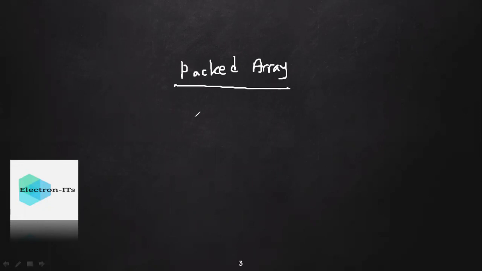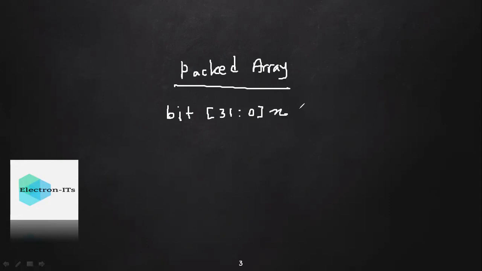So the packed array we have to declare. An array is nothing but a collection of elements of the same type. A packed array is one where the dimensions of the array are declared before the array object name. For example, if I want to declare an array of 32-bit vector, here I will declare the data type as bit, and then in brackets 31 to 0, which means the total bits are 32, and then the name of the array, x.